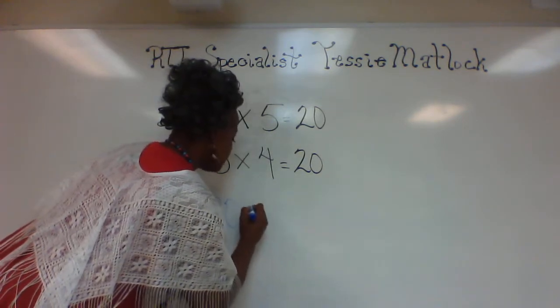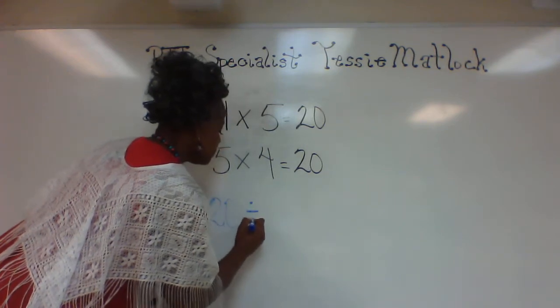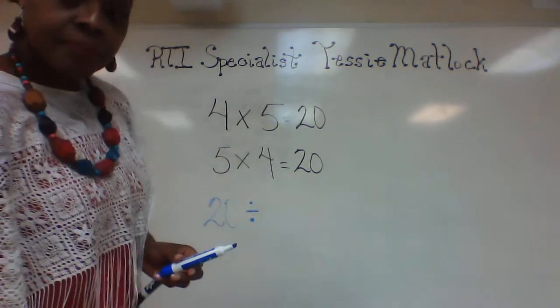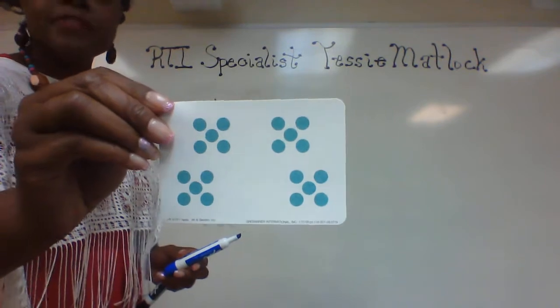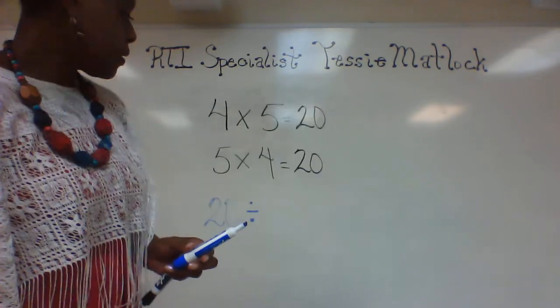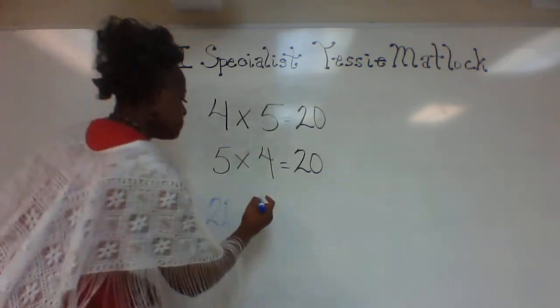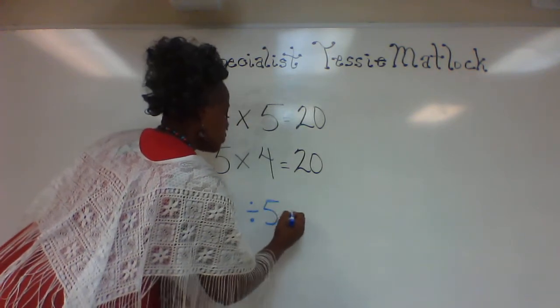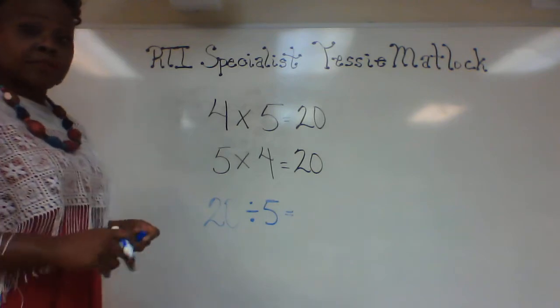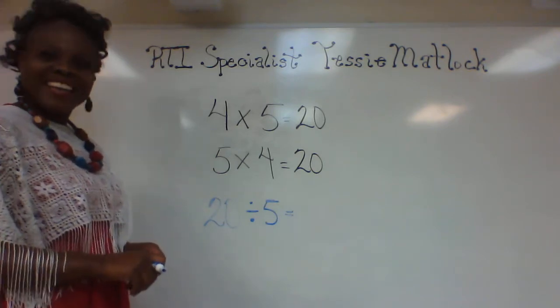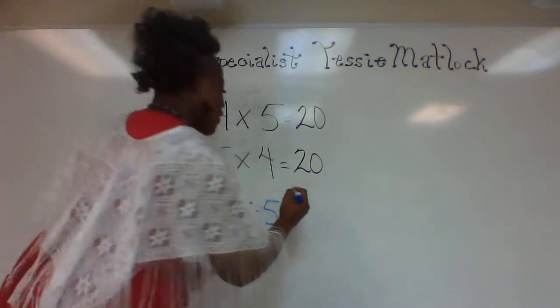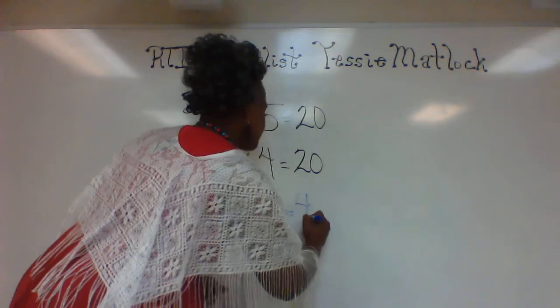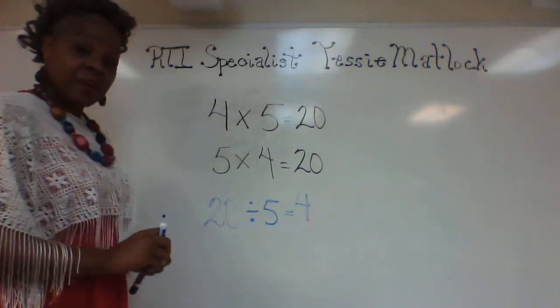Divided by what number? Good. Divided by 5. Divided by 5 equals what member of the family is missing? You're getting it. 4. 4 is the member of the family that was missing.